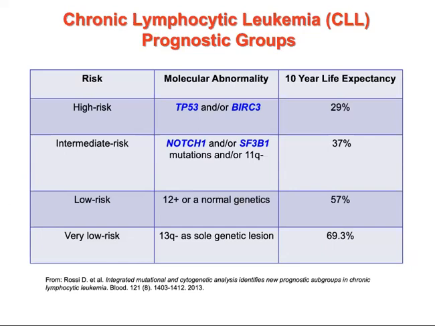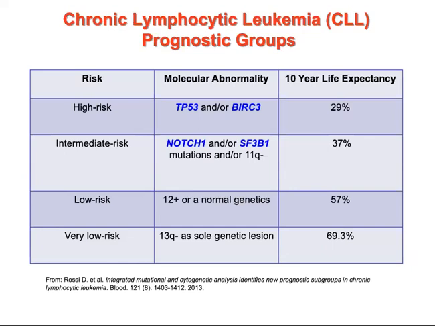So there's prognostic groups like high risk, intermediate risk, low risk, and also very, very low risk. Patients that are categorized in the high risk group harbor the TP53 mutation and or the BIRC3 mutation.